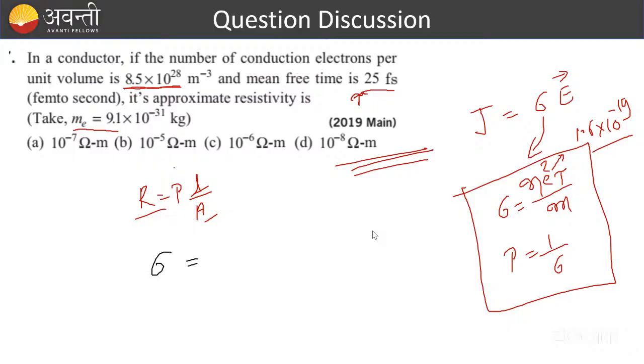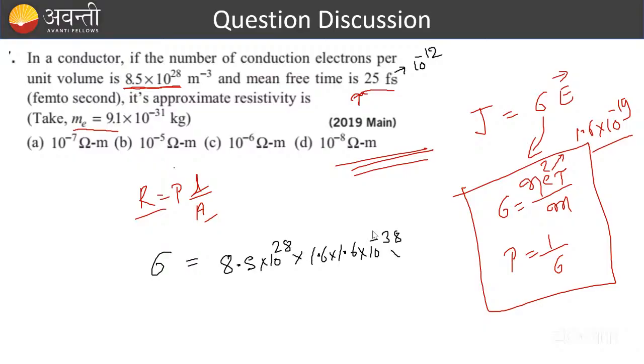सिग्मा का वैल्यू क्या आएगा बताओ, इनका वैल्यू पुट करो, 8.5 into 10^28, सिग्मा निकाल लो क्योंकि रो क्या हो जाएगा, 1/σ. So this into e squared, 1.6 into 1.6 into 10^-38. Tau is how much? 25 femto, this is femtosecond. ठीक है.